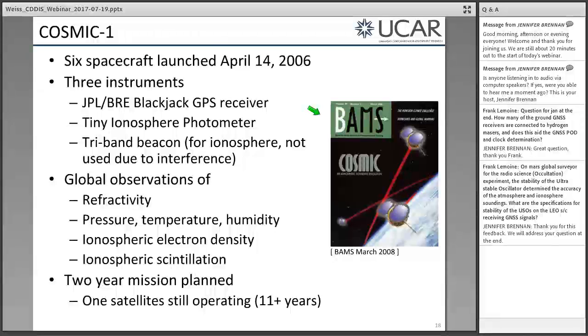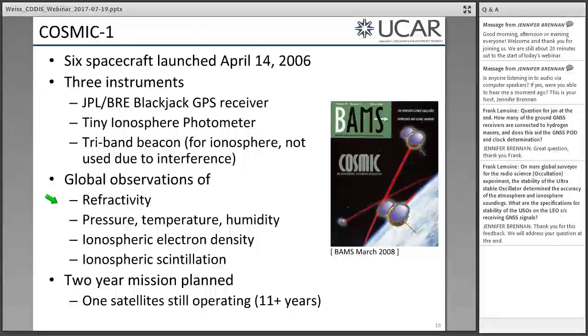The primary instrument is a JPL/Broadreach developed Blackjack receiver for GPS only. There are 2 secondary instruments, an ionospheric photometer, as well as a tri-band beacon, but this one did not get used very much.